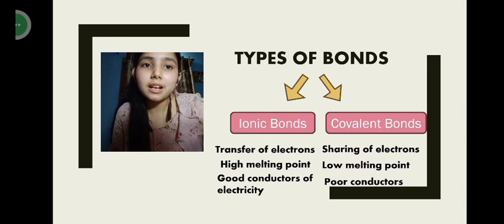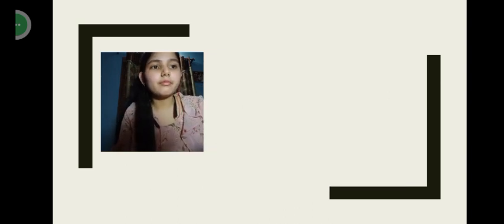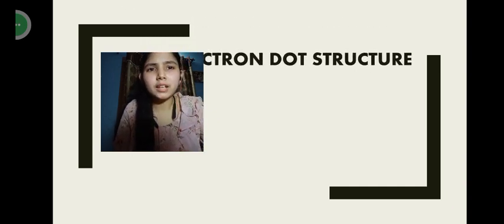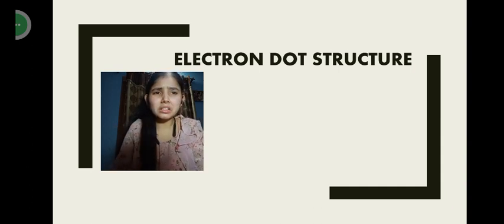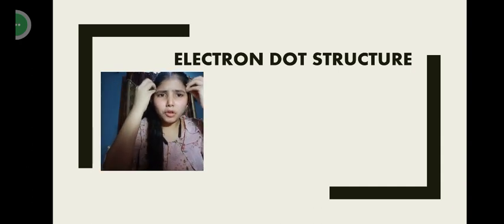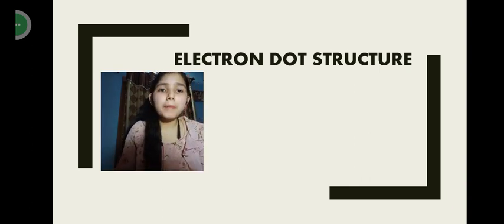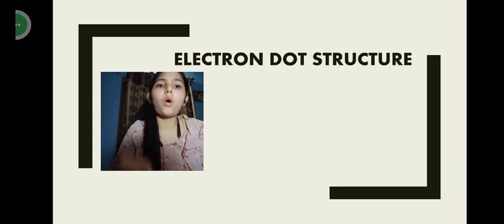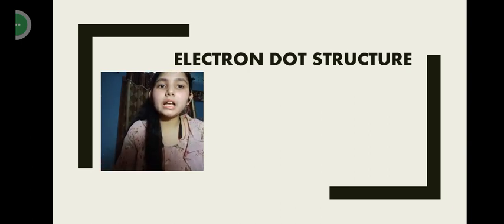Then what is the other topic? Electron dot structure. What is it? This name sounds unfamiliar. Actually, mark my words, this is one of the most important topics of this chapter.